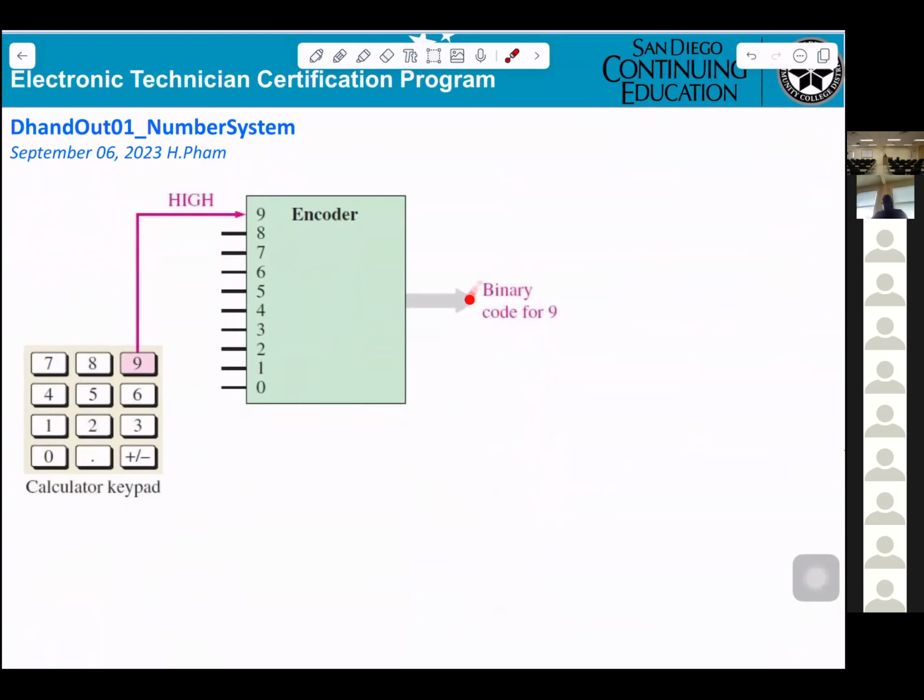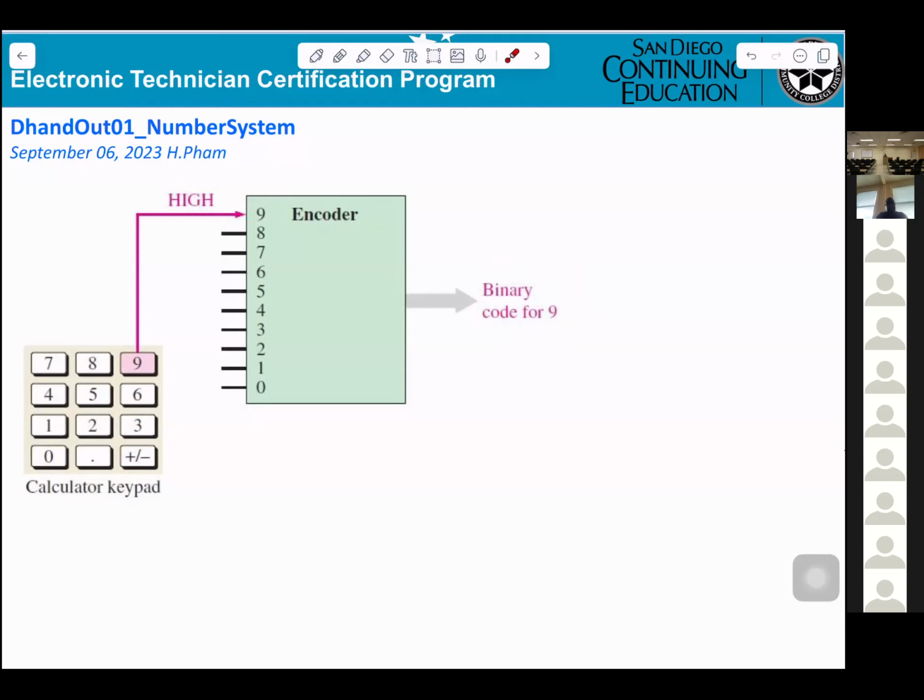You see the computer here. Now this is the keyboard. When you type number 9, the computer cannot understand number 9.